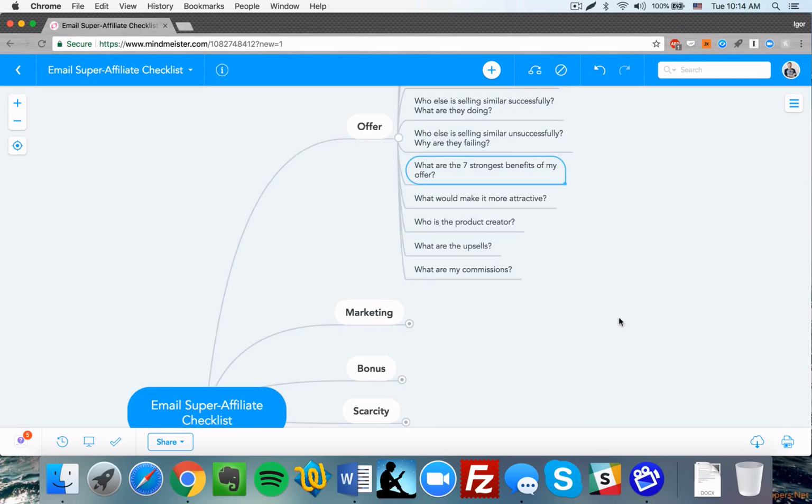Usually, the author of the program or the creator of the program has already done this job for you by creating the bullet point list on the sales page, but you can also, and you should also, go over all the headlines, the order form, everything you can on that page to find out what are some of the strongest benefits that you can talk about in your marketing. So the strongest benefit, of course, should be in the headline of the offer. The second strongest one you will find in the bullet point section, because bullet points are nothing but small headlines when it comes to marketing.